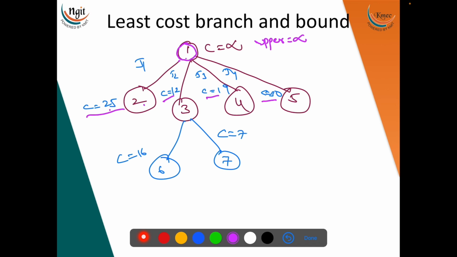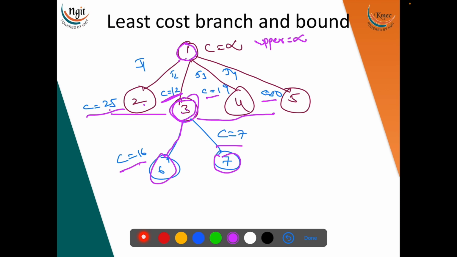Among these four, whichever is the least cost will get expanded again. Out of these four values, 12 is the least cost, so this node is going to be expanded. Again, whichever value is least will be considered. Among 16 and 7, 7 is the least one, so this is going to be considered.